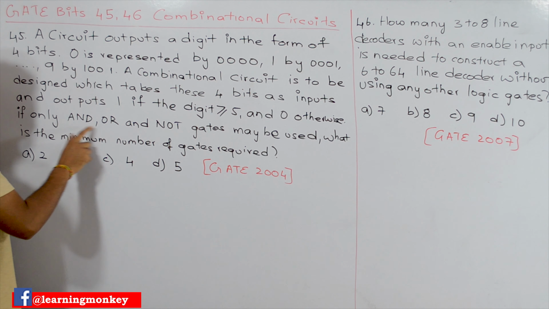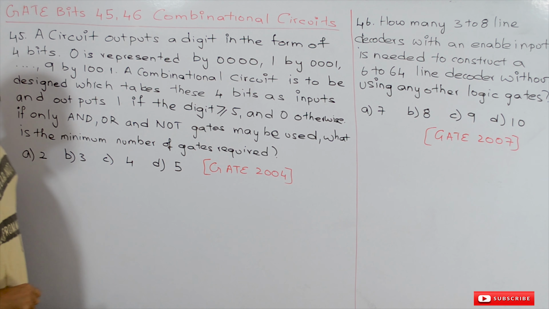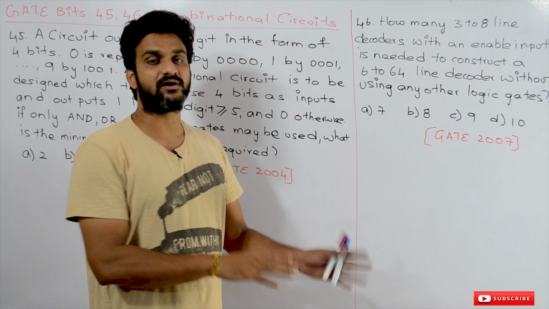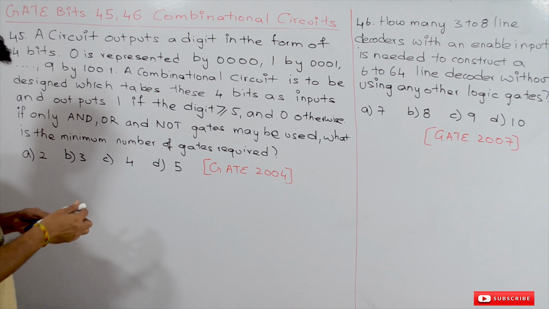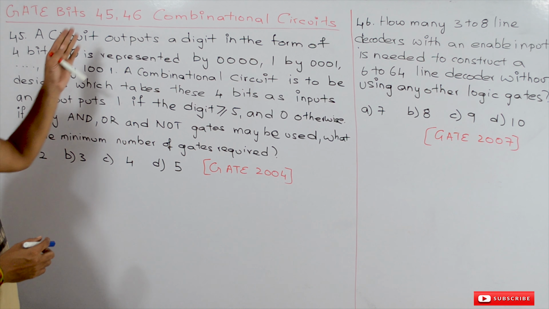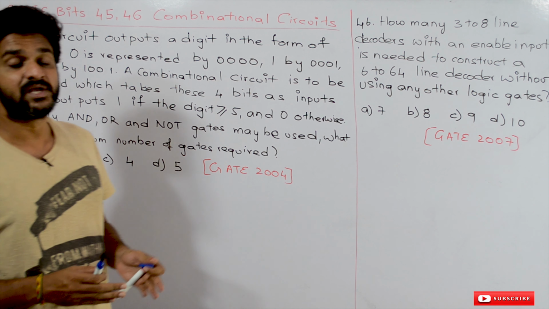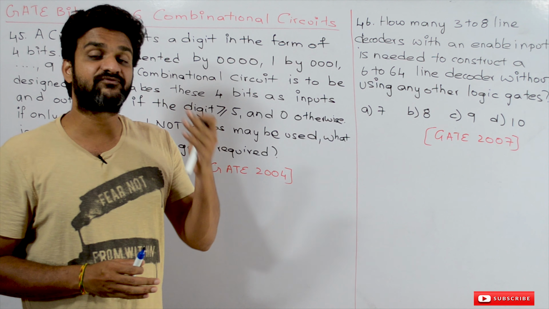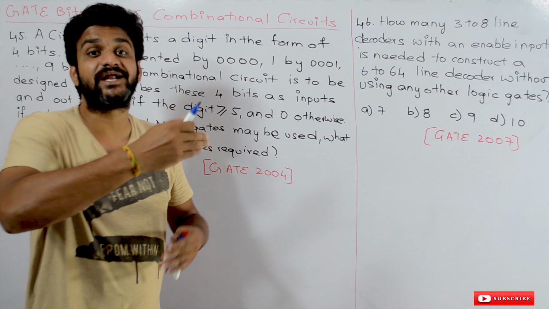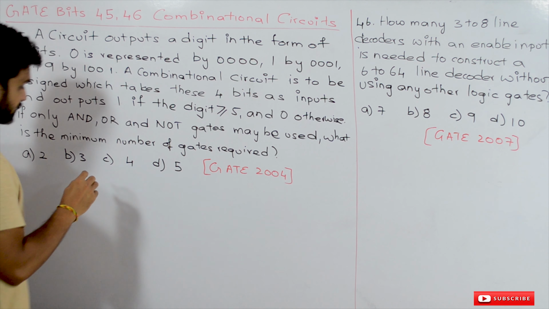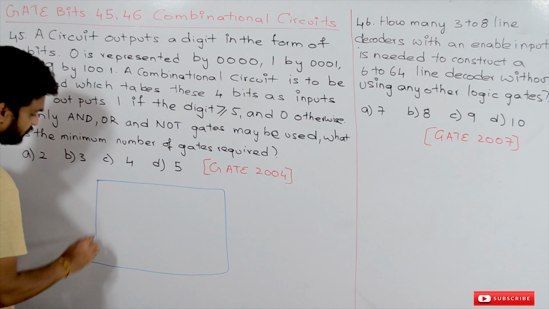If only AND, OR and NOT gates may be used, what is the minimum number of gates required? What they are asking is how many digits are possible with 4 bits whose decimal value is greater than 5. The input is a 4-bit number.